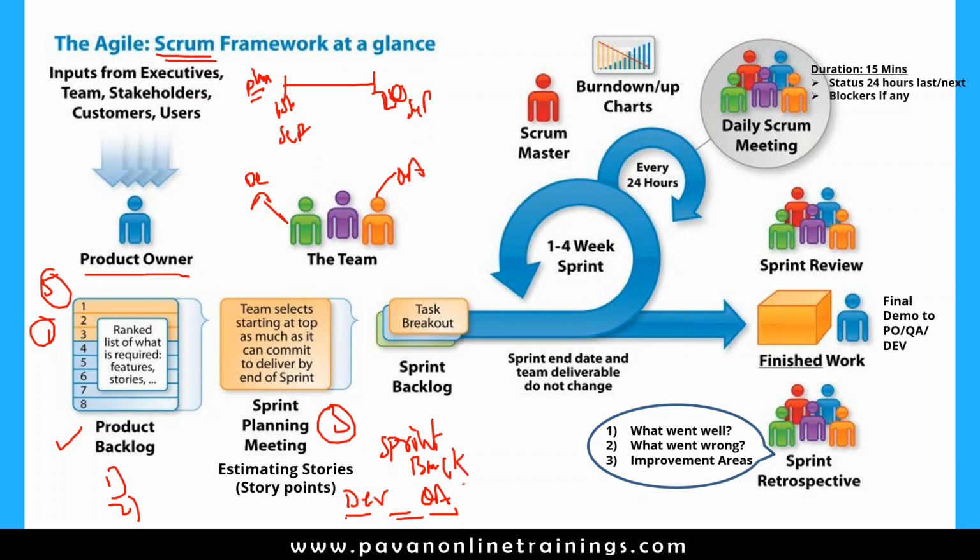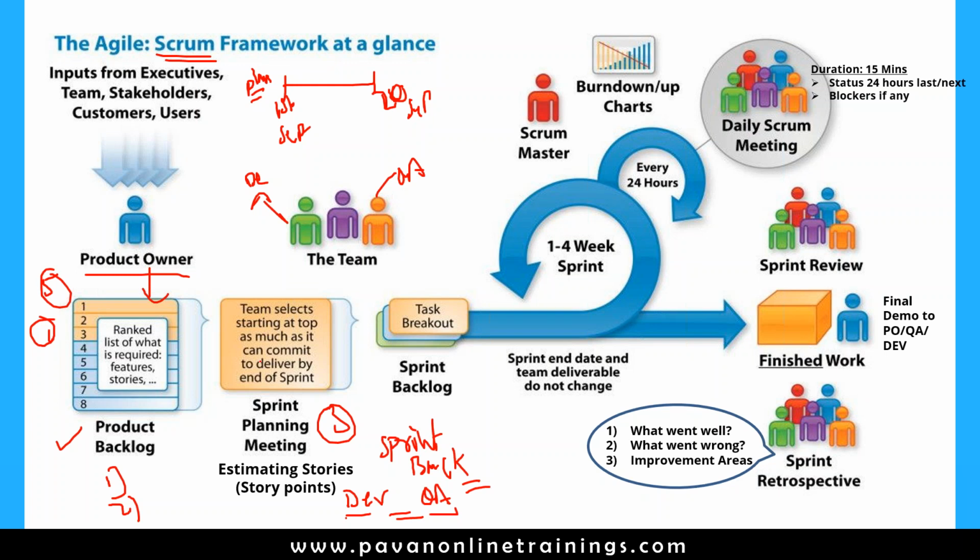Now we need to understand the difference between what is a product backlog and what is a sprint backlog. A product backlog is a document prepared by the product owner, which contains the requirements from the customer, stories and epics. Now in the sprint planning meeting, we decide what requirements or stories we have to implement and test for that particular sprint.